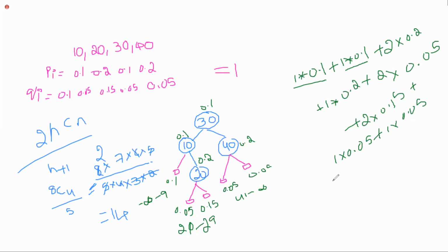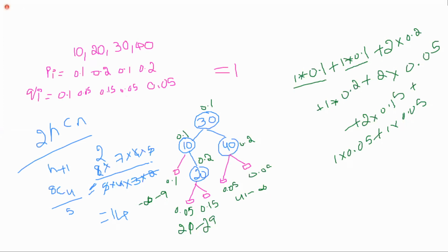Am I clear for all of you? Am I clear what is a successful search and what is an unsuccessful search? If the node is available in the binary search tree, then that is successful. If the node is not available, then that is an unsuccessful search. How can we know that the node is not available? When you reach the null node, then it is an unsuccessful search.